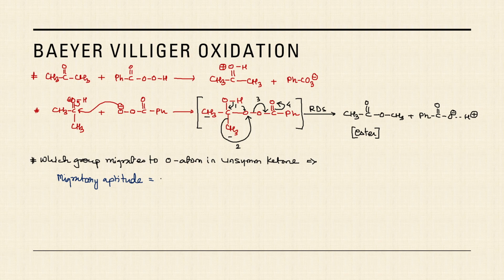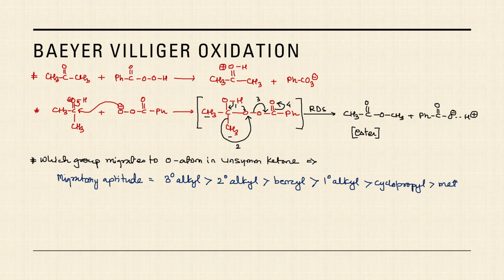So I am giving you the idea: 3 degree alkyl has a higher migratory aptitude than 2 degree alkyl, which has a higher migratory aptitude than benzyl, which has a higher migratory aptitude than 1 degree alkyl, which has higher migratory aptitude than cyclopropyl. Methyl comes last.